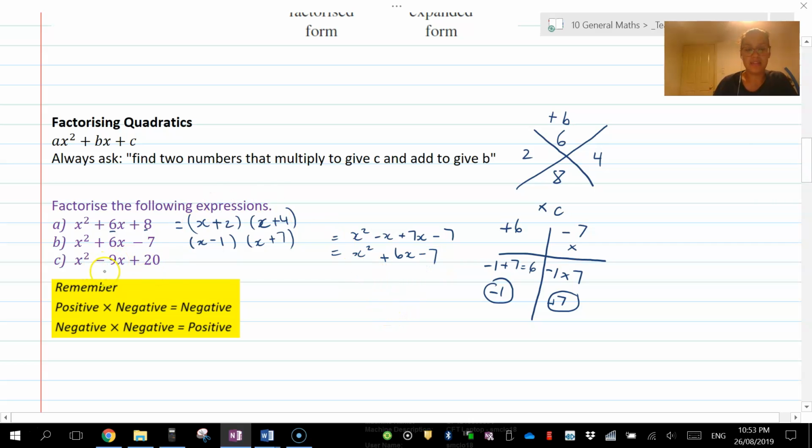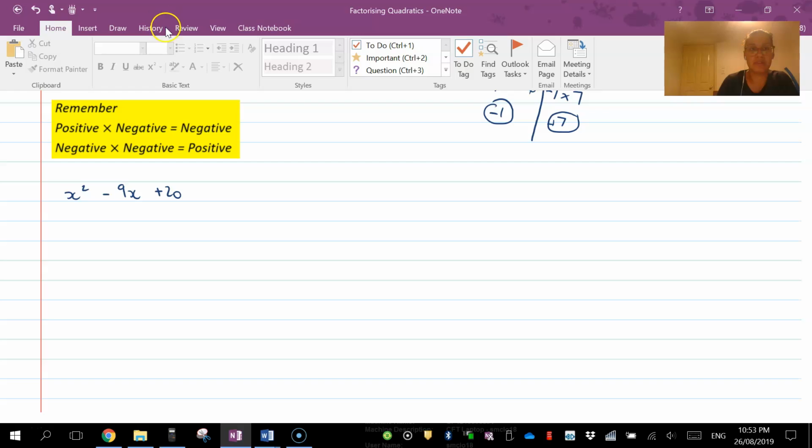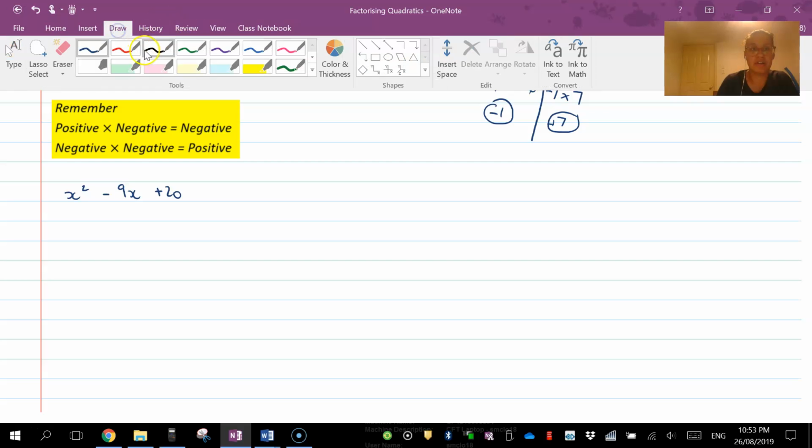Yay. And this one here, finding factors of 20. I'm going to move this down a little bit and write them down here. You might want to do this in pencil first, so I'm going to pick a different color.